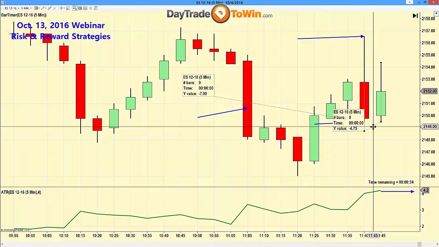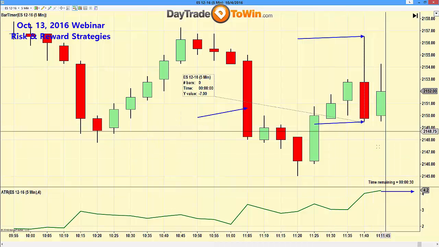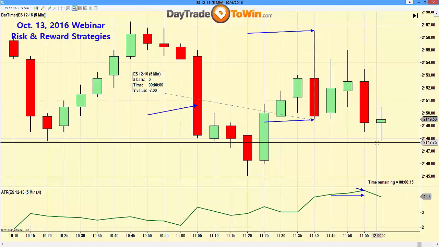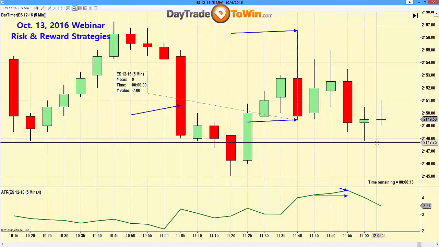So when I tell traders, when you initially enter into the trade, please use a stop that is more than the current conditions so you can stay in the trade. It's not because I want to get stopped out at that value. It's because I want to be able to stay in the trade while it works itself out and goes into the direction that I need it to go.